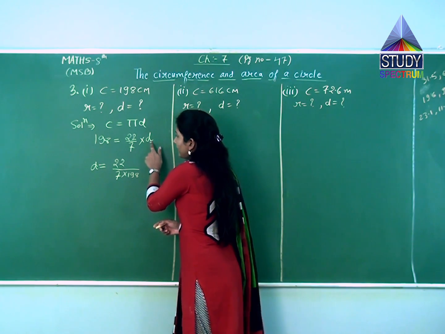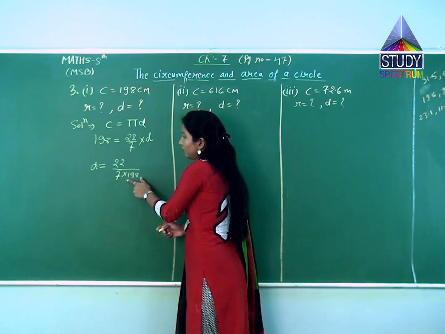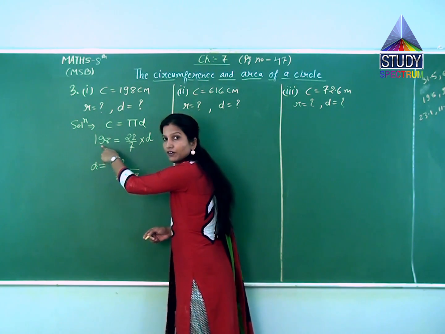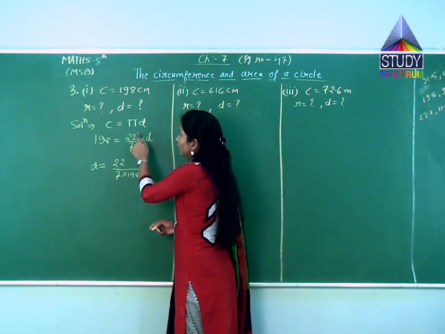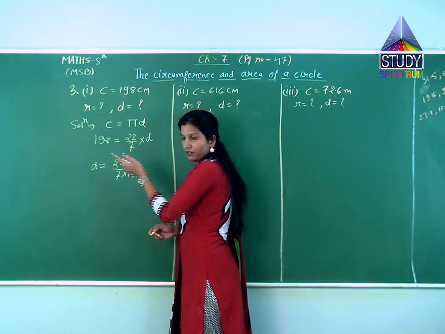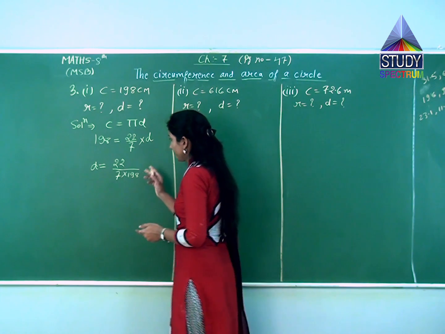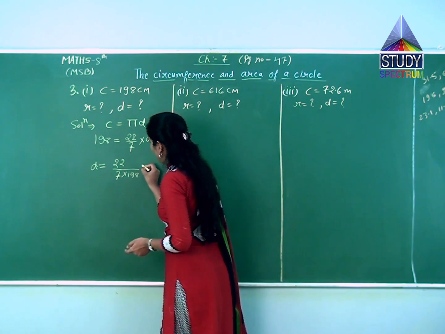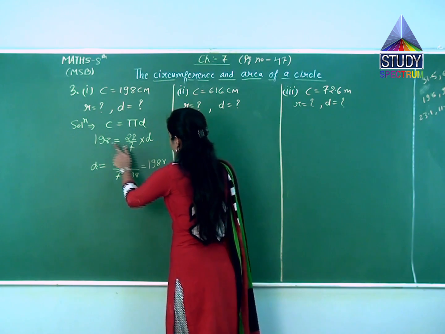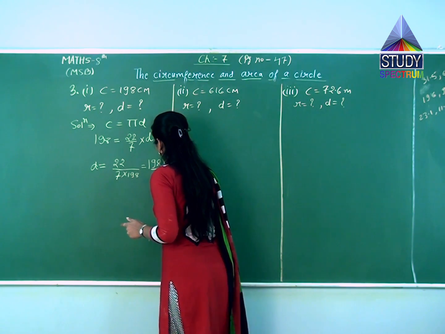You have to isolate this d, but you cannot do it like this. You have to write this 198 first here, and then you have to take this value to the other side of equal to. So you have to write here 198 into 7 upon 22.